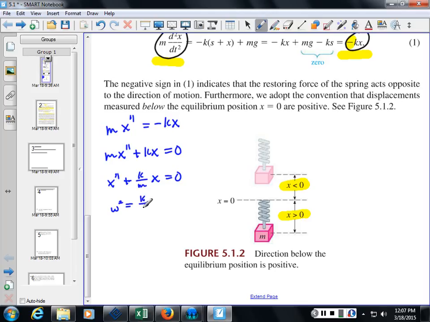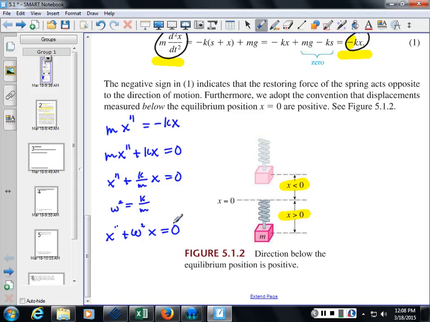So omega squared is equal to k over m. I do know why it's being squared: once I plug omega squared back in for k over m and write the auxiliary equation, I get something that looks smooth. So here we have x double prime plus omega squared, which is the constant, times x equals 0.